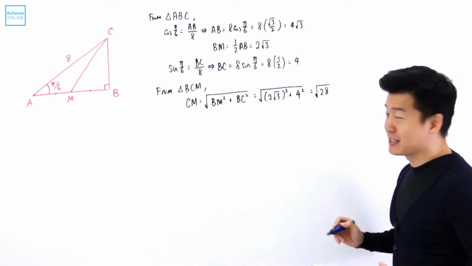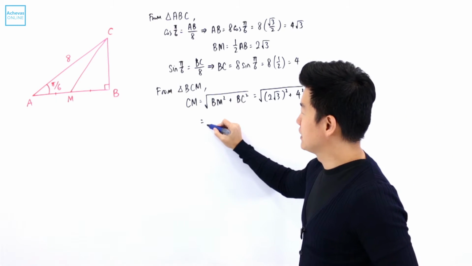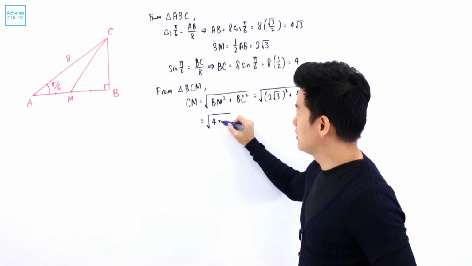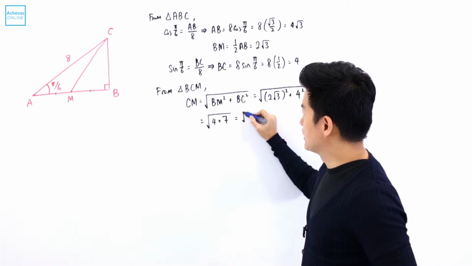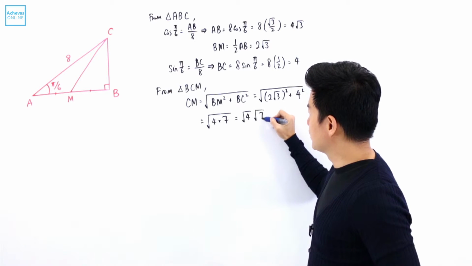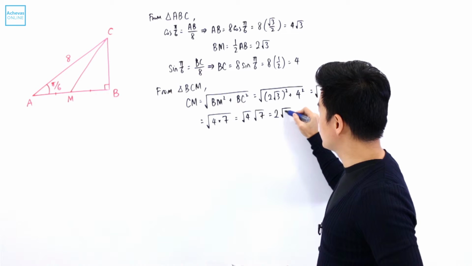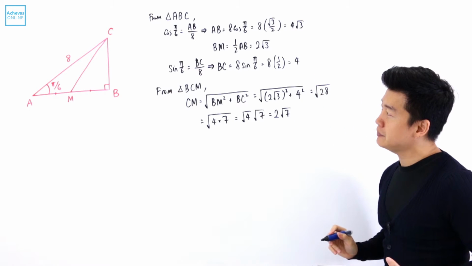And 28 is 4 times 7, so this is square root of 4 multiplied by square root of 7, so this is 2 square root of 7.